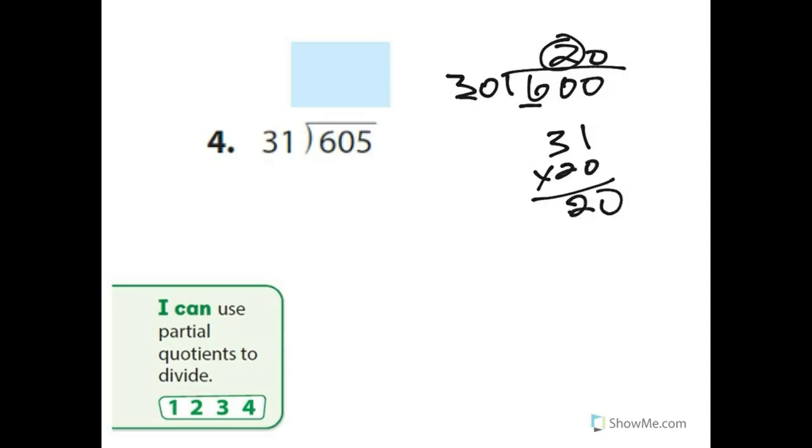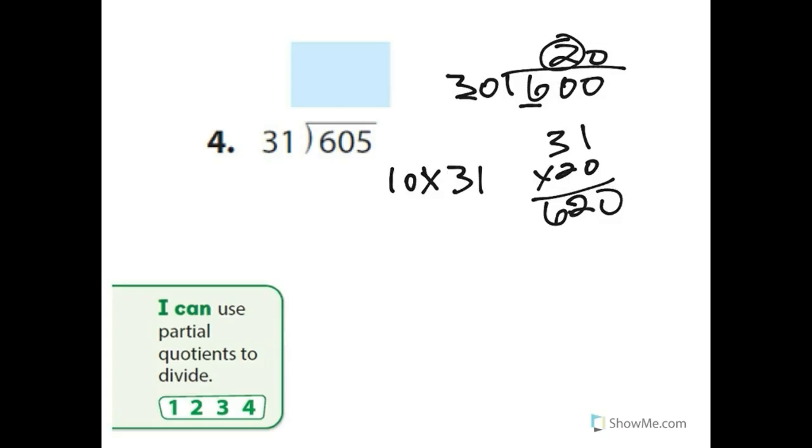Yes, that's 2. Oh, that's too much. What do I need to do then? Well, use the next digit down, as 10. Alright, so let's use 10. 10 times 31. Now notice I've got an opposite here.